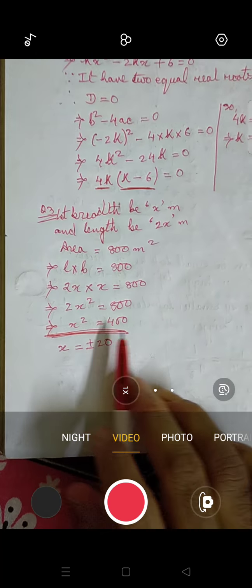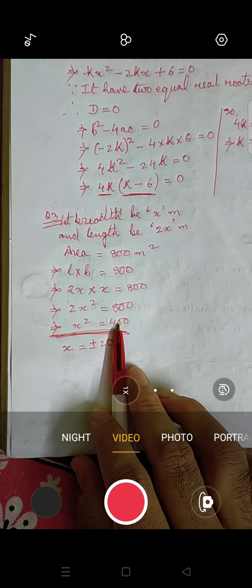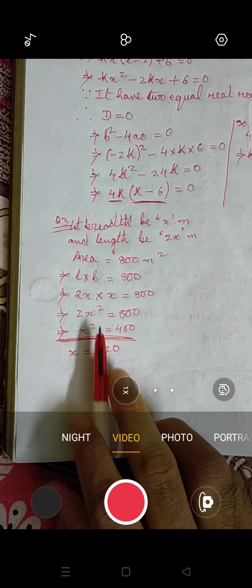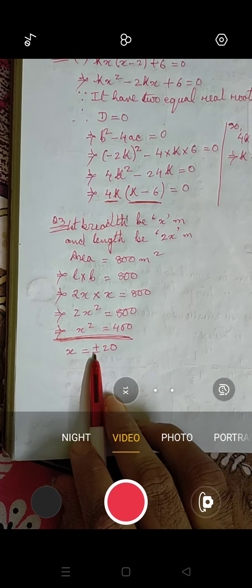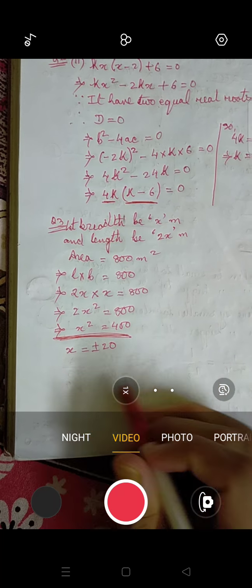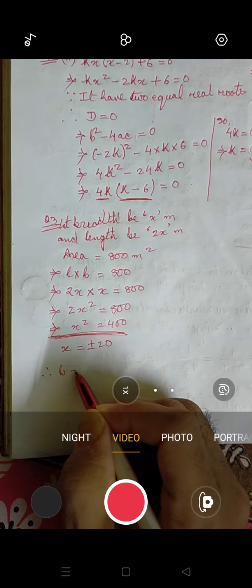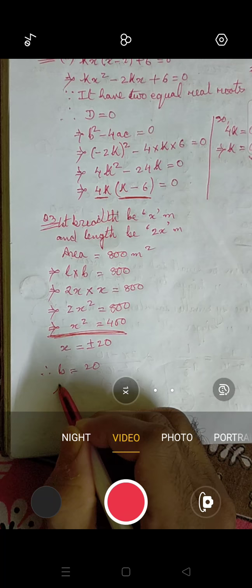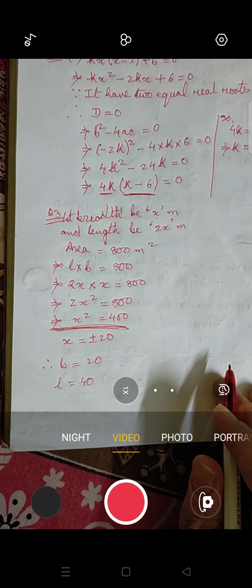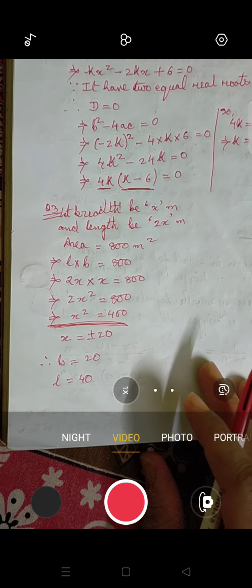That means this square will transfer here, it will become square root, and the square root of 400 is 20. And whenever you write square root you have plus minus. So here we will ignore minus because side cannot be negative. Therefore breadth equals to 20 and length equals to 40. Any problem?